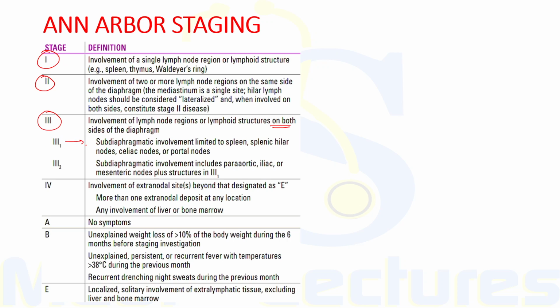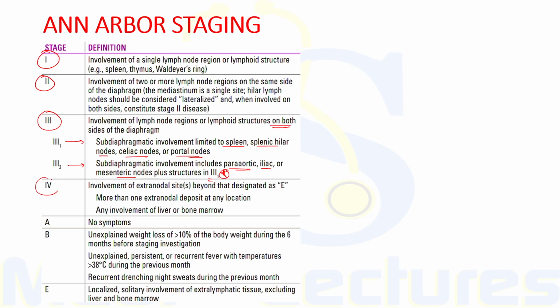Stage 3-1 has subdiaphragmatic involvement limited to spleen, splenic hilar lymph nodes, celiac nodes or portal nodes, and stage 3-2 has subdiaphragmatic involvement which includes para-aortic, iliac or mesenteric nodes plus structures which are already involved in stage 3-1.